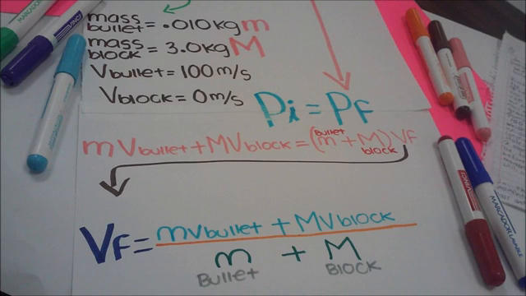In this case, the equation for conservation of momentum is mass times initial velocity of the bullet plus the mass times the initial velocity of the block, equal to the sum of the mass of the bullet and the block times the final velocity. Since I'm trying to find the final velocity, I'm going to set up my formula as final velocity equal to mass times the initial velocity of the bullet plus the mass times the initial velocity of the wooden block, divided by the mass of the block plus the mass of the bullet.